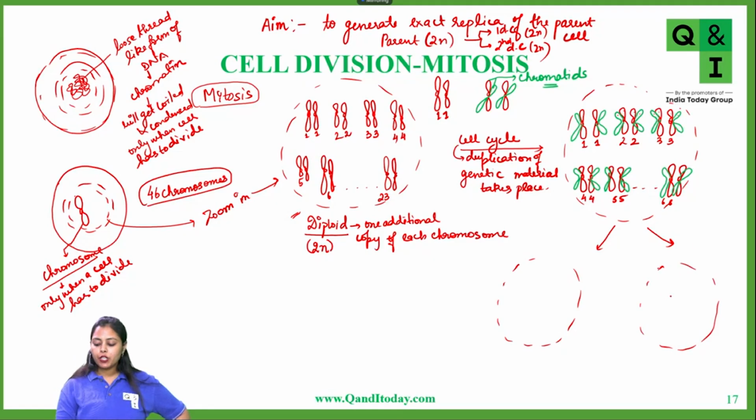But when division occurs, our purpose is to generate an exact replica of the parent. So out of chromosome number 1, this one copy would go to one cell, and this copy would go to another cell.